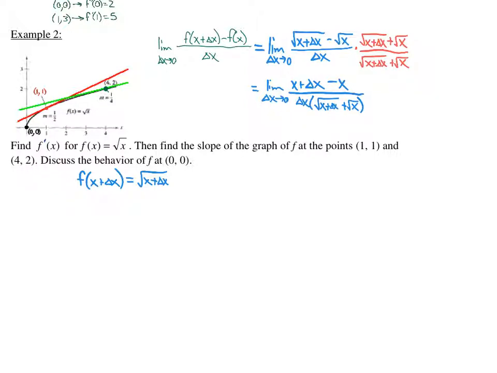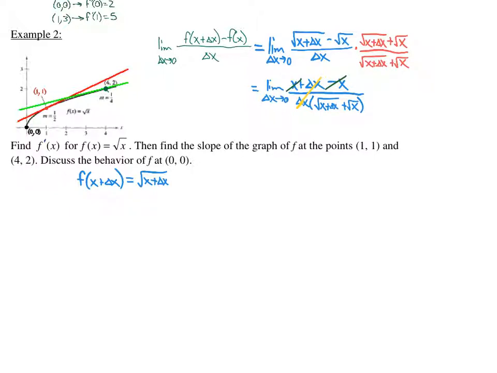So now I have an x minus an x, which cancels out to 0. Okay? Then I have a delta x is all that's left on the top, so I can now cancel that with the delta x on the bottom.